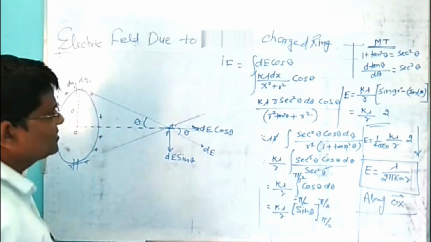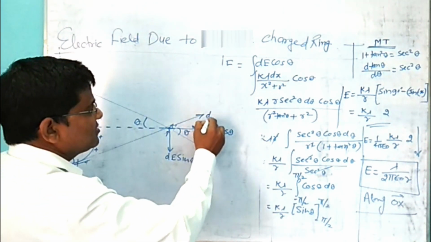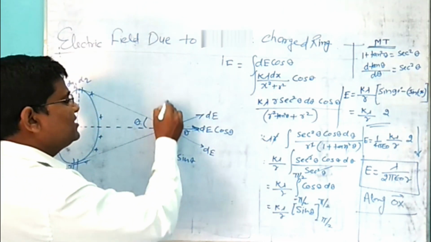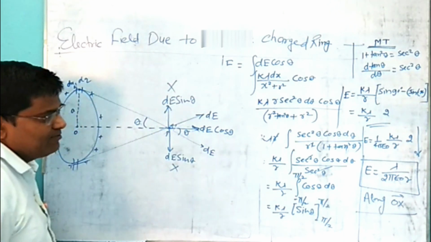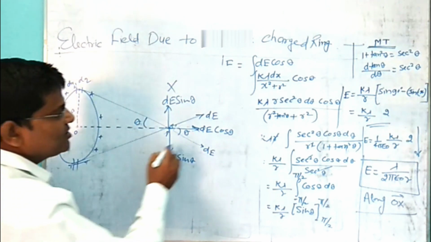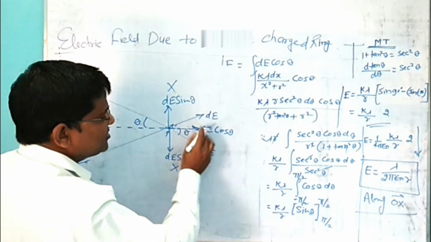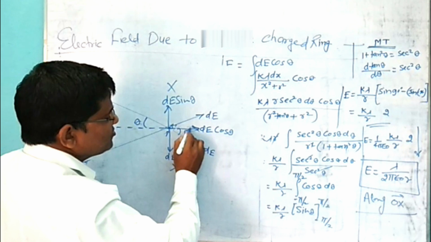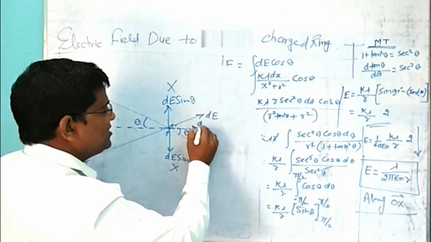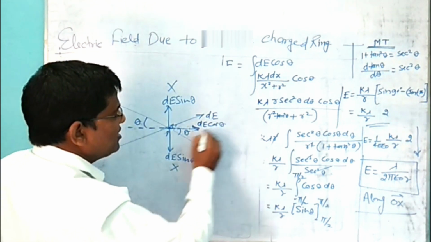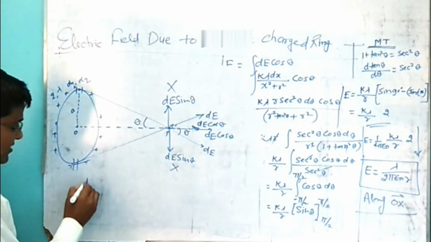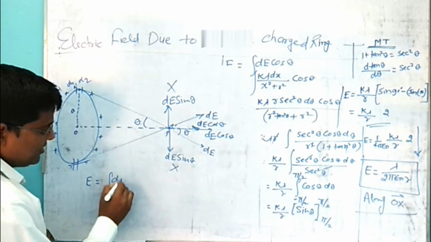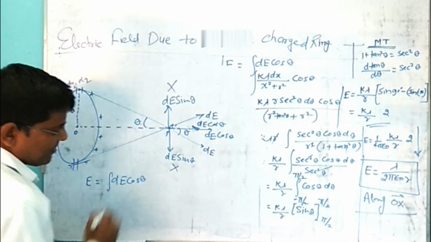This is the dE, and this one is the dE sin theta. As you know, both are equal and opposite, and that's why they cancel out. And due to the horizontal component, this is also dE cos theta. Here is dE cos theta and again dE cos theta. The net electric field is again using dE cos theta.